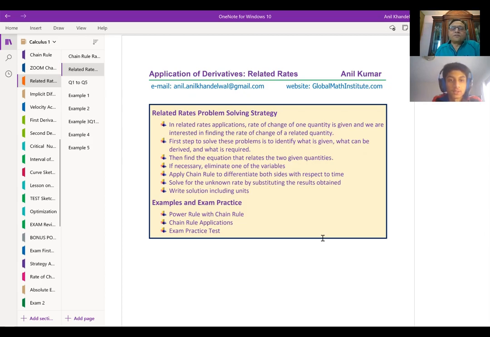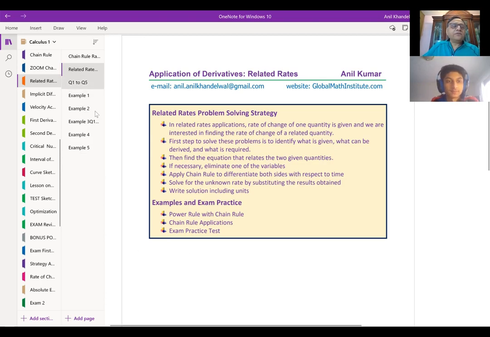Then, find the equation that relates the two given quantities. If necessary, eliminate one of the variables. Apply the chain rule to differentiate both sides with respect to time. Solve for the unknown rate by substituting the results obtained, and write the solution including units. So that is the key step to find related rates. I think you've got the concepts right. When you see the questions, you will understand what exactly we are trying to say here, right?